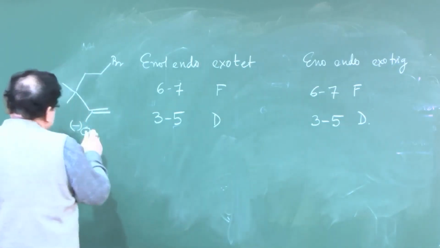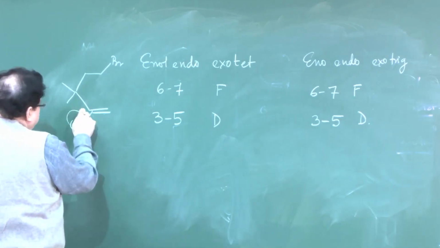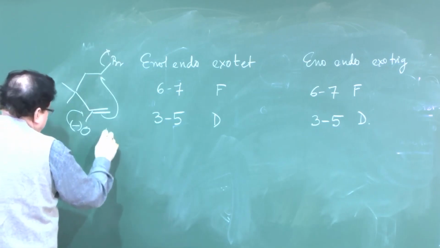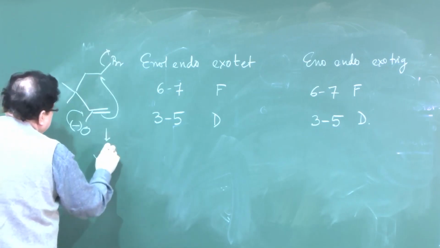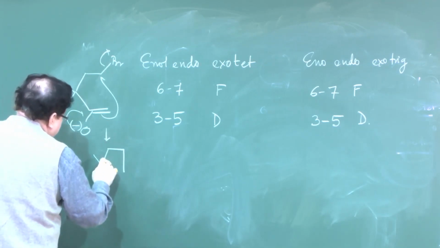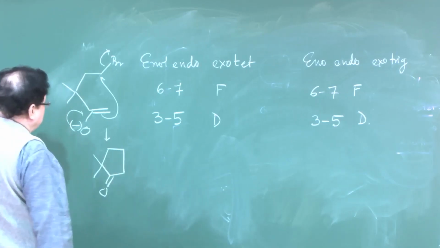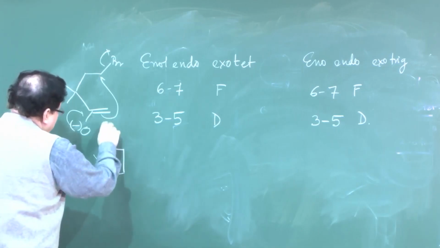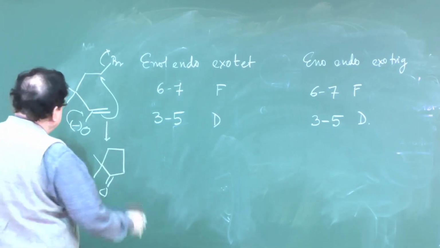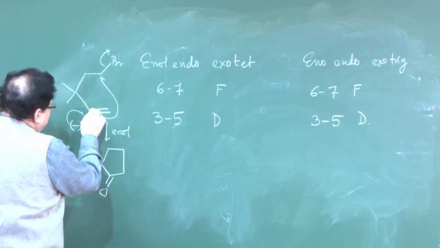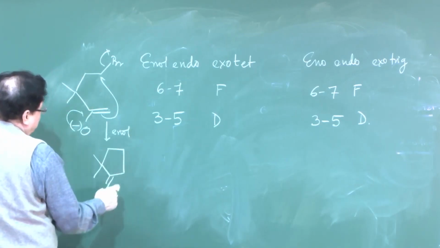Okay. Now, there are two possible products. One is this one. So, that will give the double bond O. So, this is one possible product, and if you want to define this reaction, it will be called enol endo. Both the carbons are forming part of the ring.